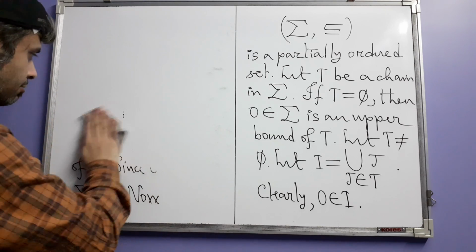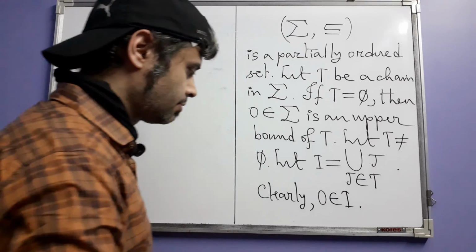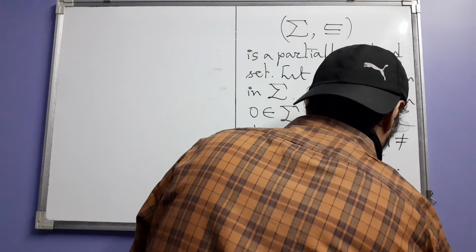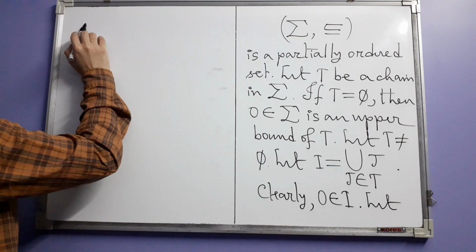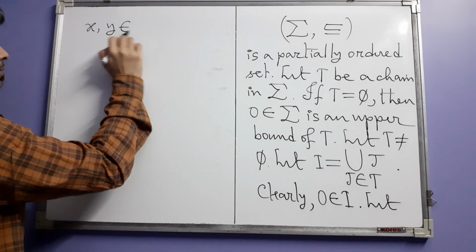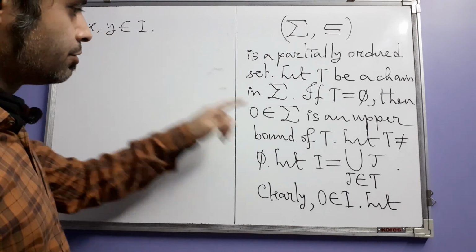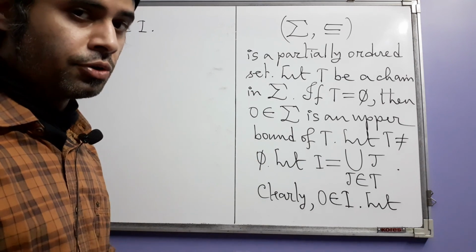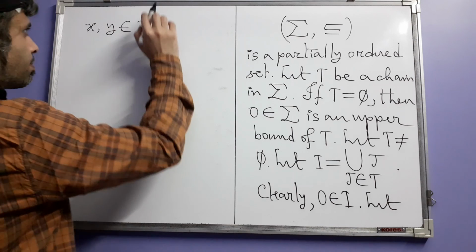Next, let us see how it's an ideal of A. Let us take two elements, say x and y in I. Each such element will belong to some J, not necessarily the same J, because it's a union.